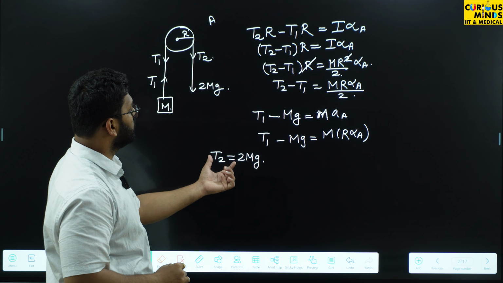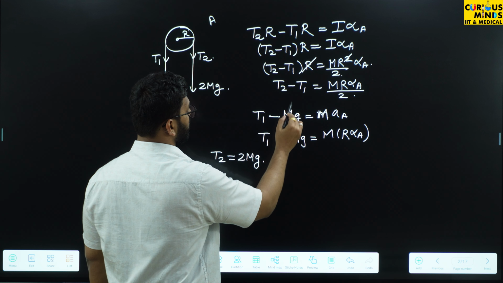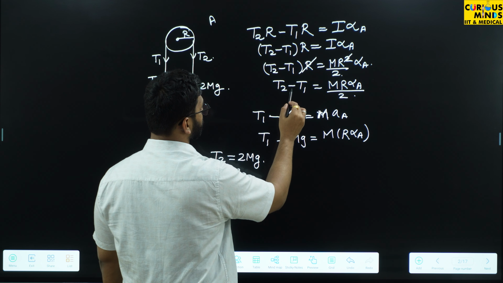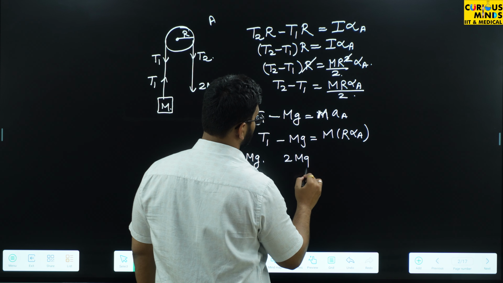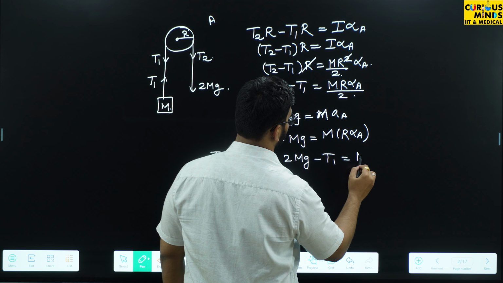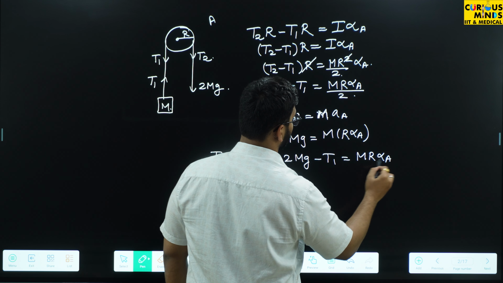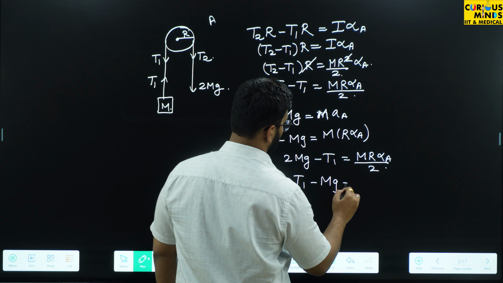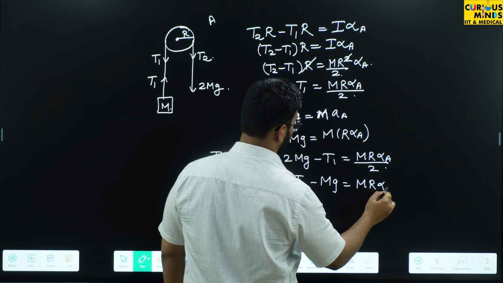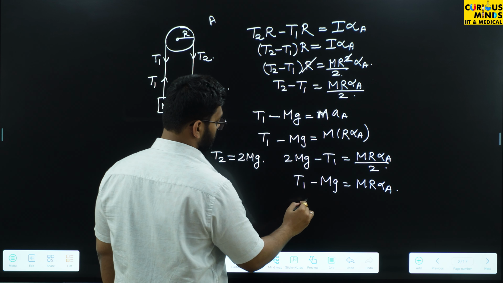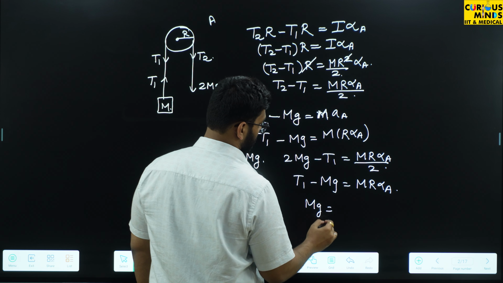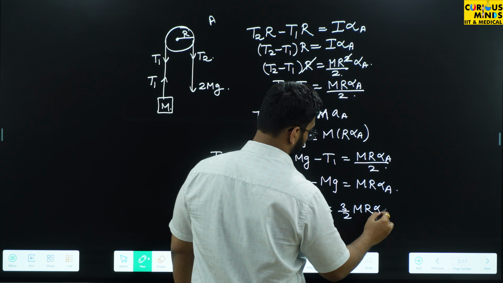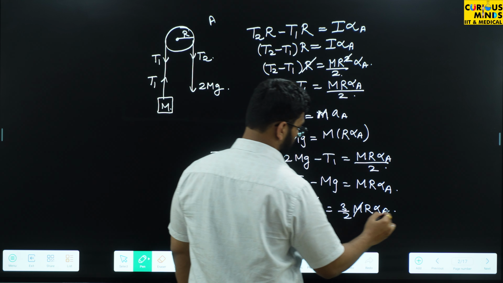Now since T2 is 2mg, we can find this out. So 2mg minus T1 is equal to mR alpha A by 2, and T1 minus mg is equal to mR alpha A. If I add these, mg is equal to 3 by 2 mR alpha A. m and m get cancelled.